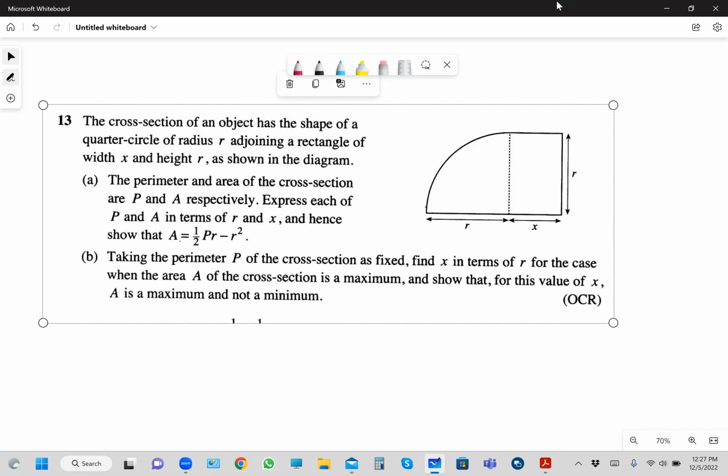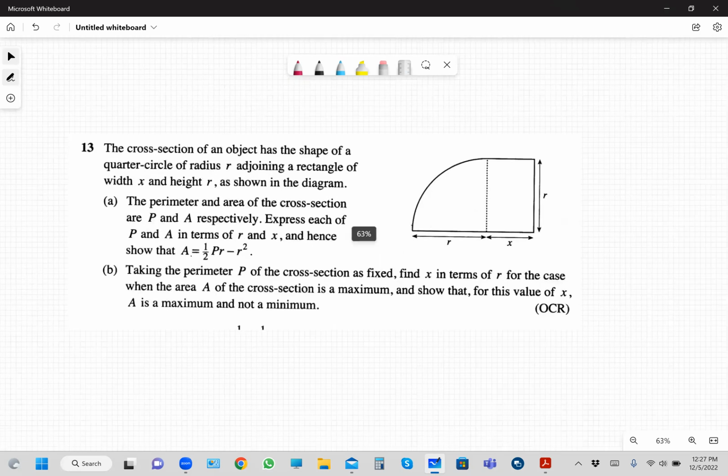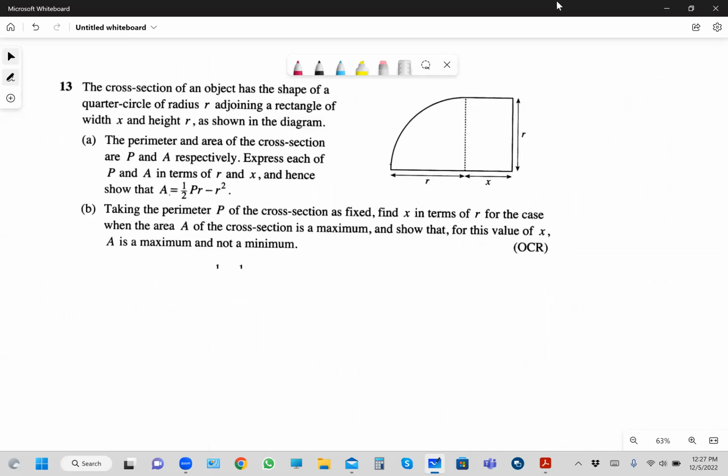Express each of P and A in terms of R and X, and hence show that A equals half P times R minus R squared.